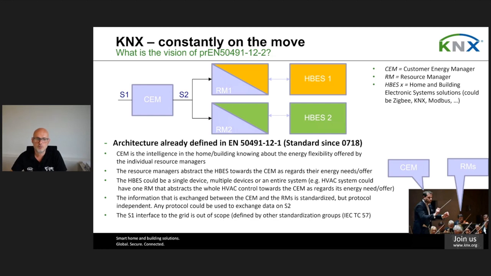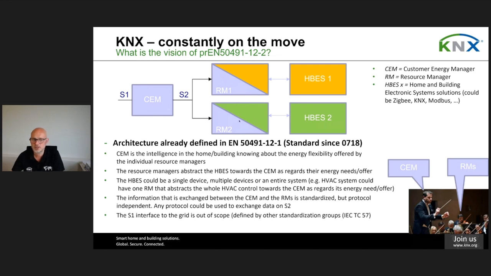The architecture of the whole application is actually already laid down in the EN50491-12-1. This is already a standard since July 2018. And the whole concept builds on the idea of having a customer energy manager, one or multiple. This standard version foresees one customer energy manager and a number of resource managers.